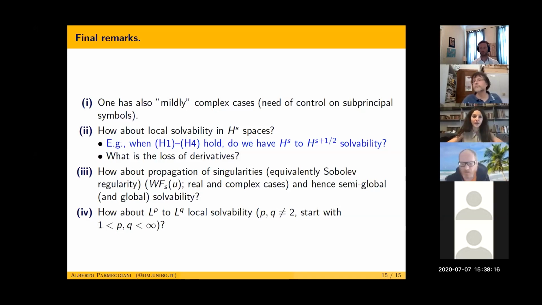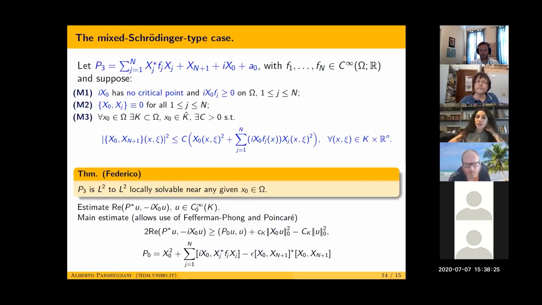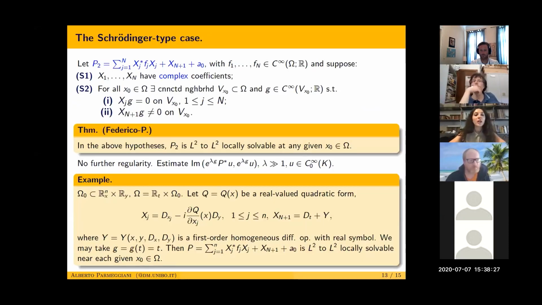Okay, I have a question. My question is about the Schrodinger type class that we analyzed. If you go back, please, in the class we have these degenerate Schrodinger operators, and in particular, if we consider a space-time domain, we can consider Schrodinger operators with variable coefficients depending on the space variable, which are in particular degenerate.